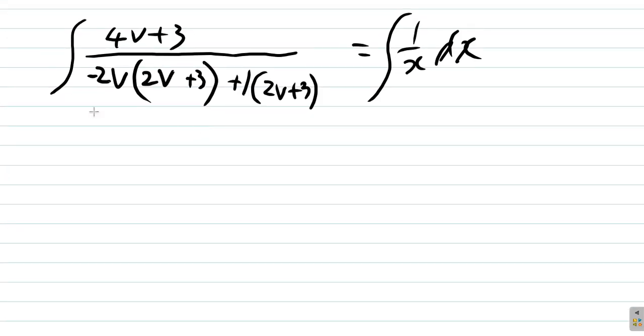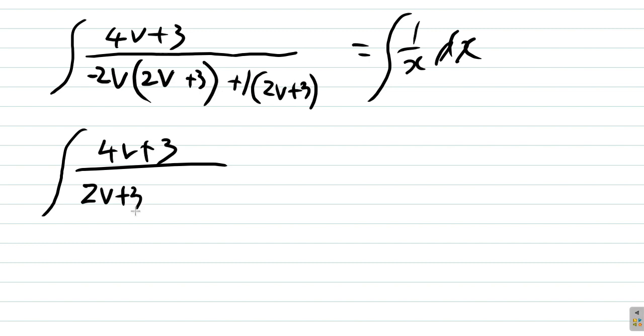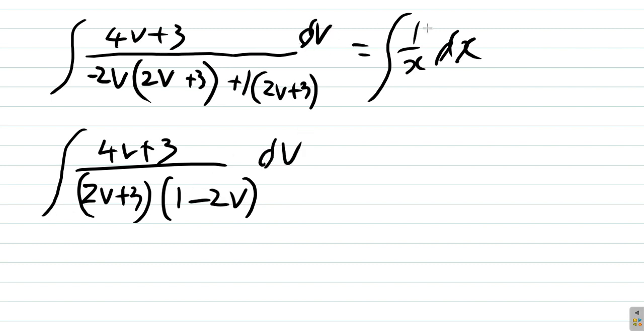So after this now, we are finding the integral of 4v plus 3 over, take out the 2v plus 3, 2v plus 3 in one bracket, I'll say 1 minus 2v in the other bracket. Alright, good. Now, that is dv. There's a dv here. Now, we want to use partial fractions here.